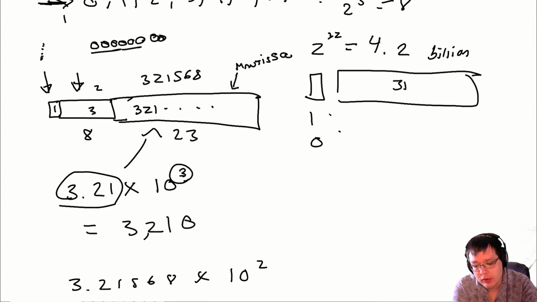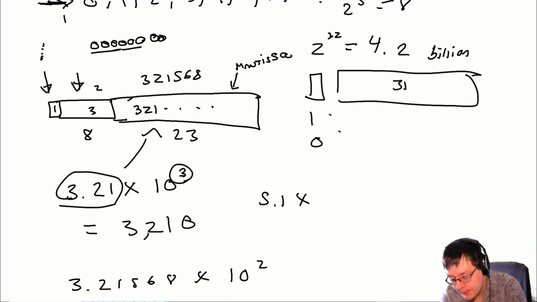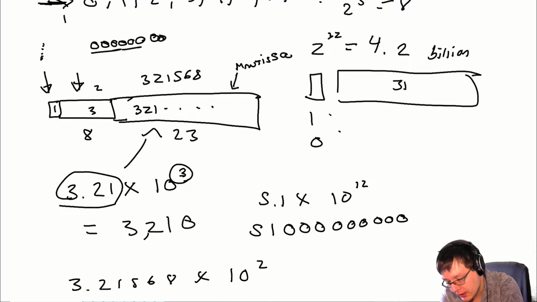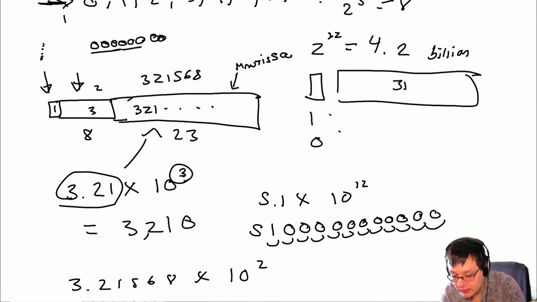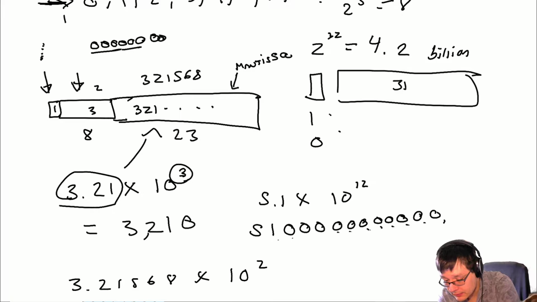Let's store 5.1 billion here. 5.1 billion would be how many zeros? 12, I think. Let's go with 12 and see if that's right. So that'd be 1, 2, 3, 4, 5, 6, 7, 8, 9, 10, 11, 12. Cool. Now let's see what this number actually is by putting commas.